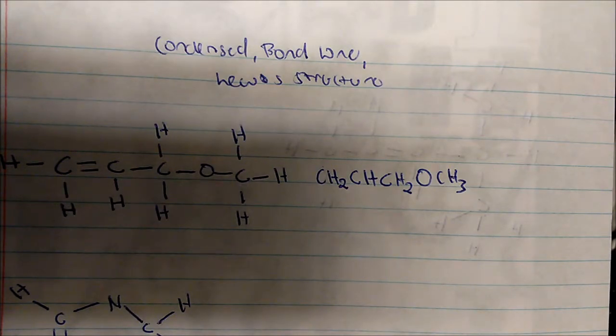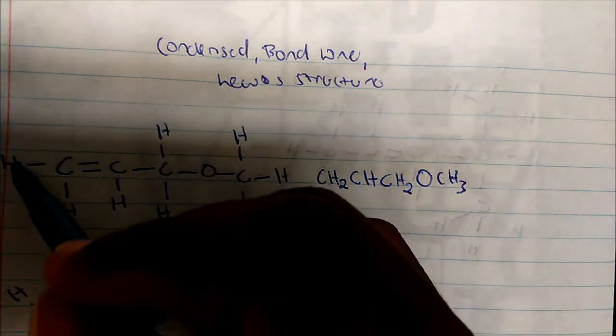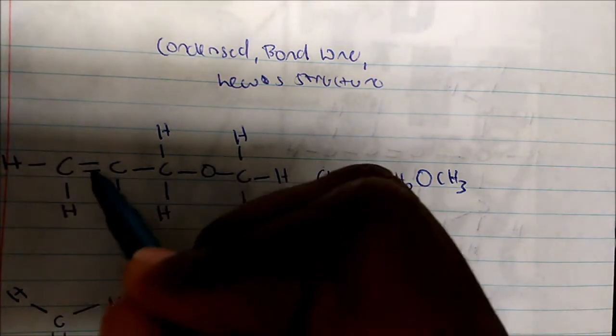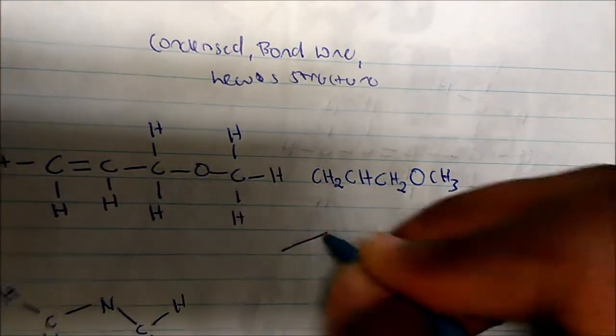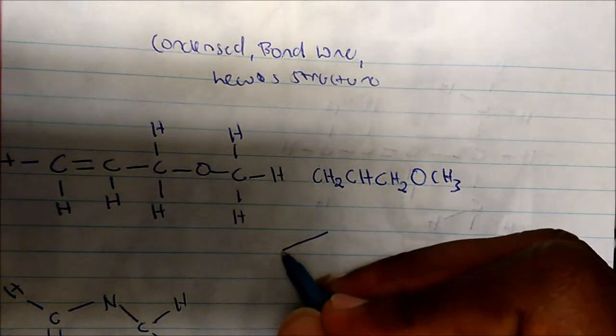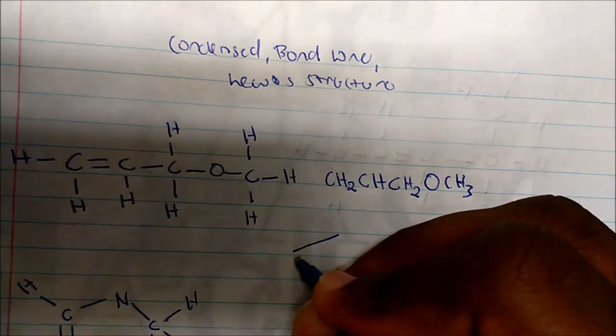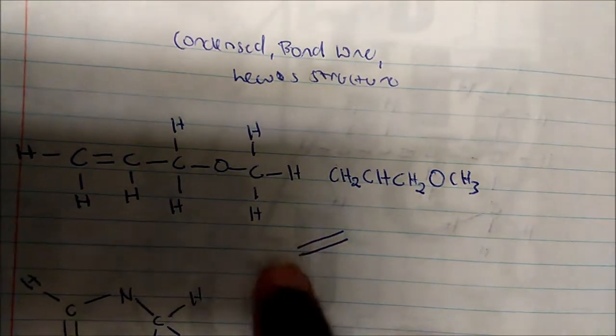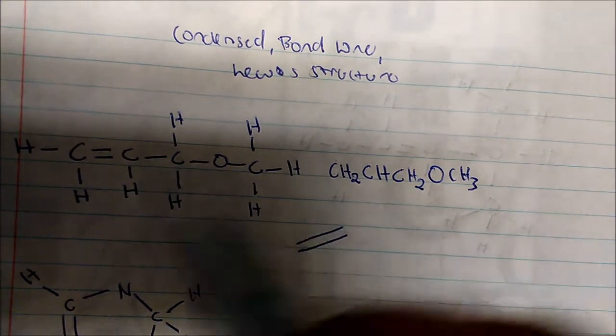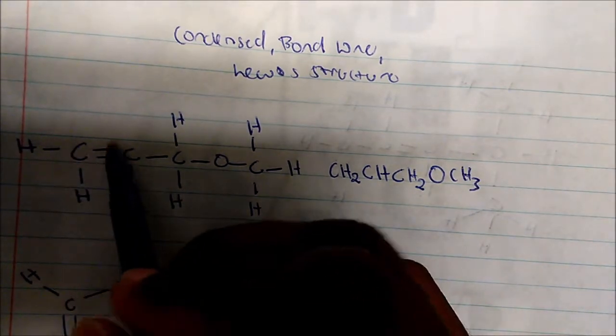Okay, so how would we represent this as a bond line structure? Well, at the end, I see a CH2, and I have this alkene functional group here. So the bond line structure for this would be, as present, I have a CH3. At the end, if I draw my double bond, this represents a CH2, which is exactly what we have. Here's your double bond.